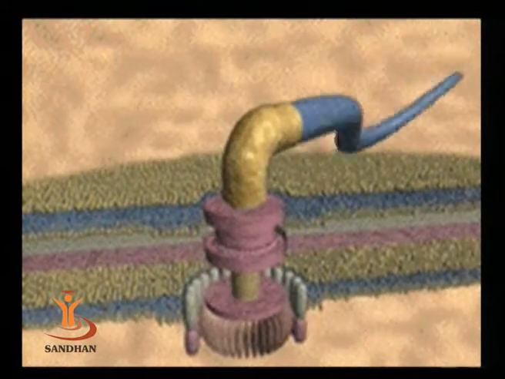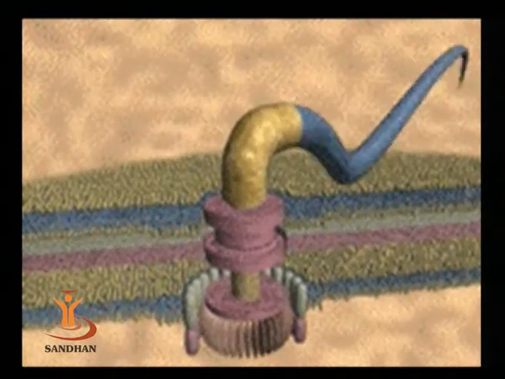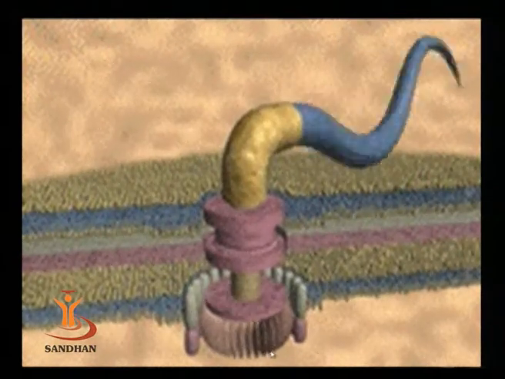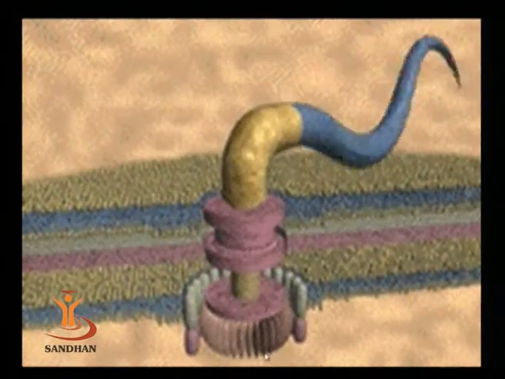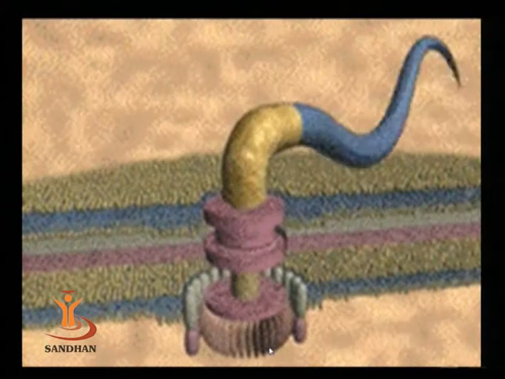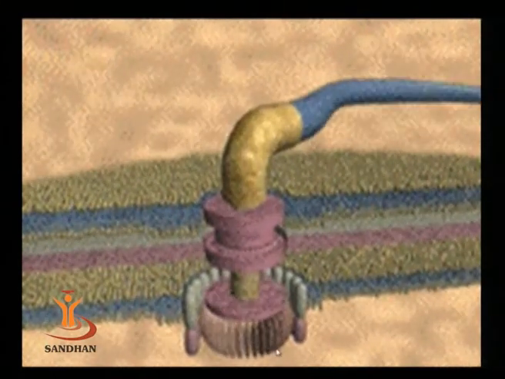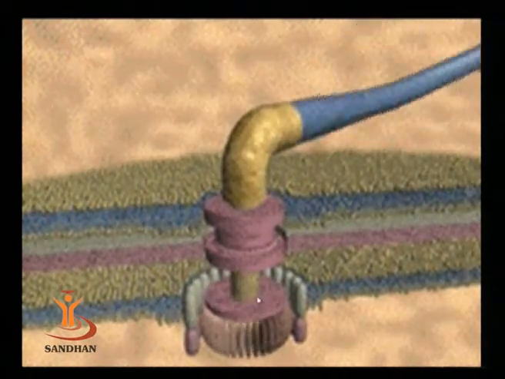This video actually shows the entire movement of the bacterial flagella. You can see the lowest is the S ring, the lowest is the M ring, then the S ring.